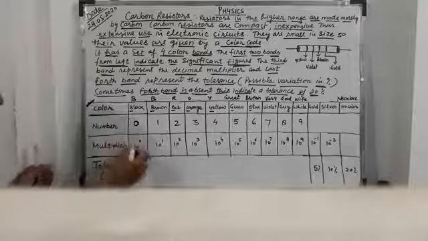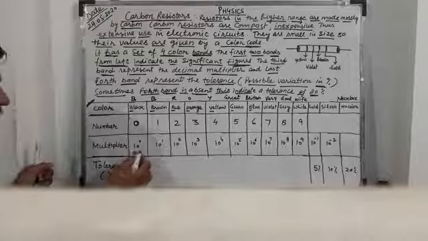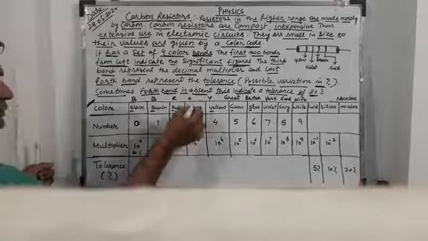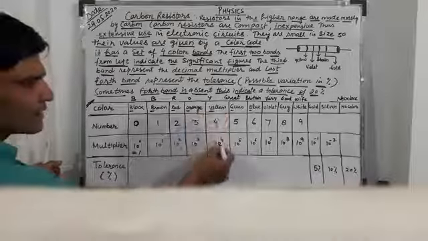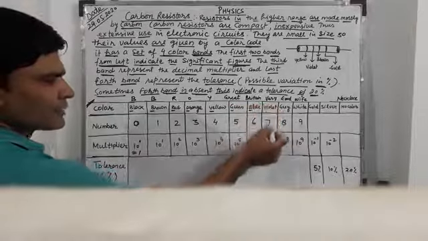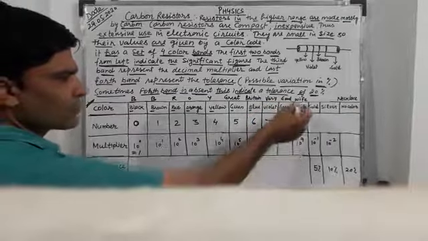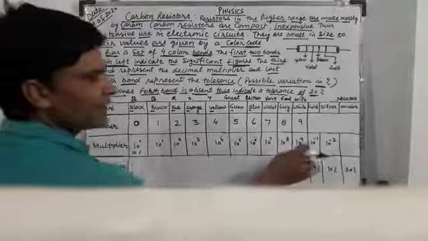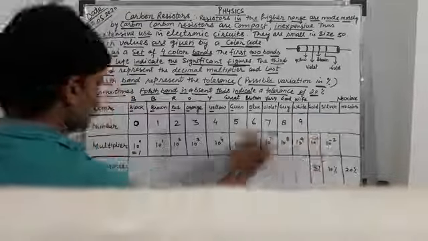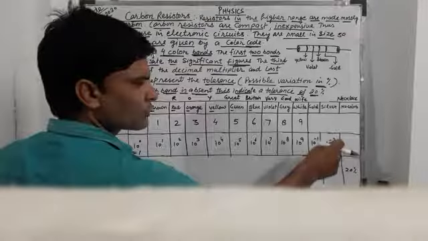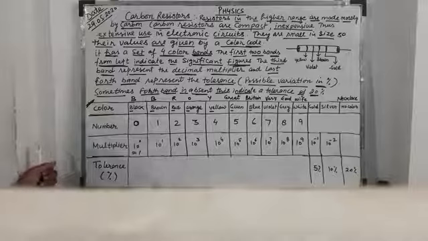Now the multiplier: black 10 to the power 0, which means 1, brown 10 to the power 1, red 10 to the power 2, orange 10 to the power 3, yellow 10 to the power 4, green 10 to the power 5, blue 10 to the power 6, violet 10 to the power 7, grey 10 to the power 8, white 10 to the power 9. If the third band is gold, the multiplier is 10 to the power minus 1, and for silver 10 to the power minus 2.